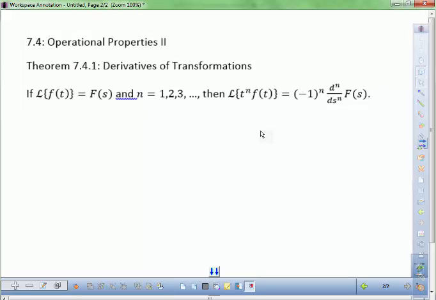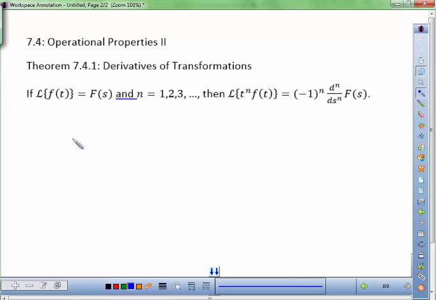We skipped 7.4, but I want to come back and talk a little bit about this particular transformation. There's another transformation that takes a t times another function and transforms it into a derivative of whatever that function is. So let's see how this might be useful.